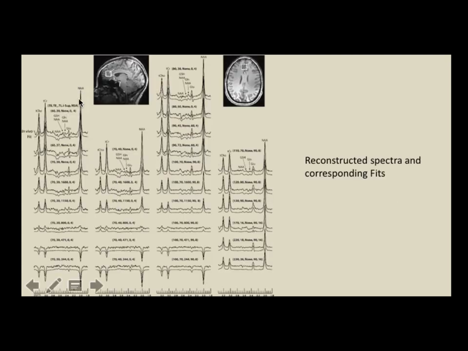These are the spectra from the 30 different sets of acquisition parameters. The whole thing takes about 10 minutes to acquire. On top are the data, then below the data is the fit. You can see the fits match the data really well for each parameter setting.